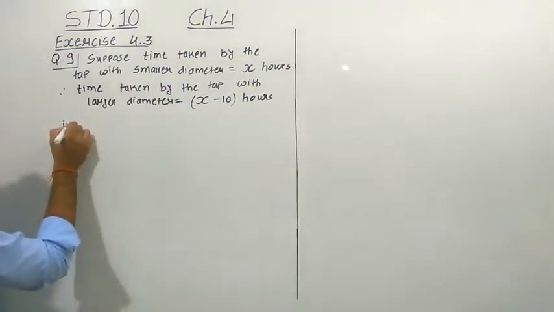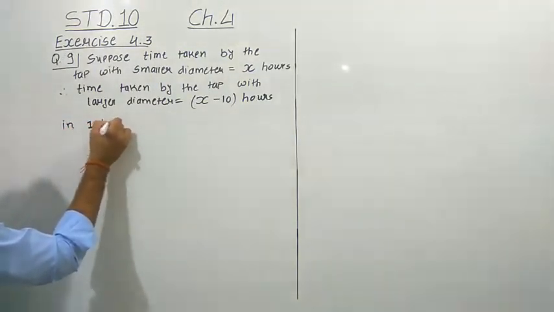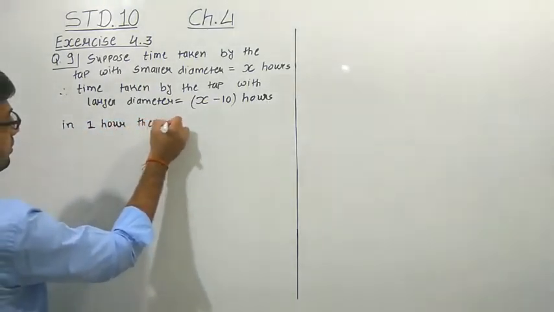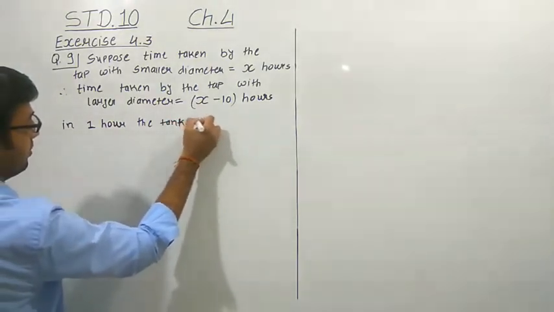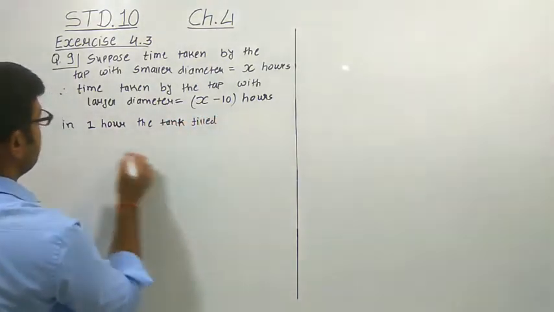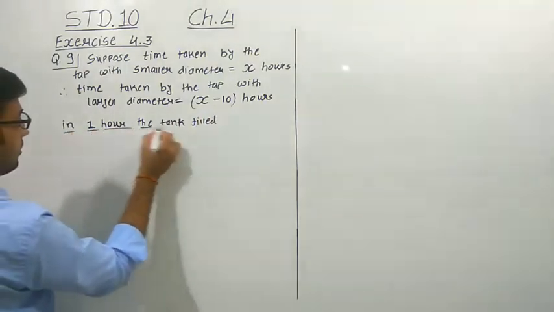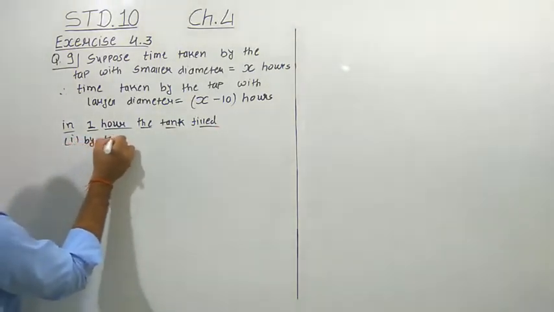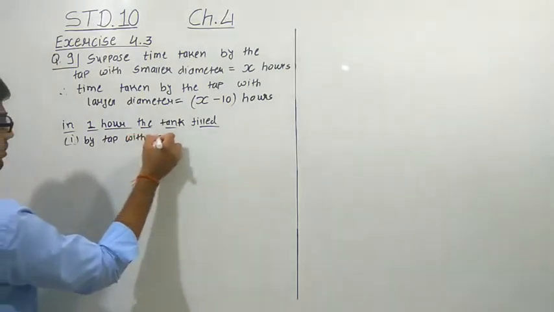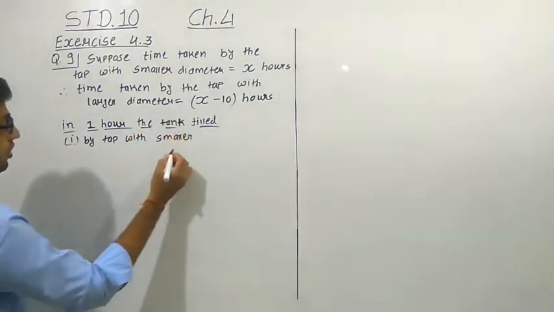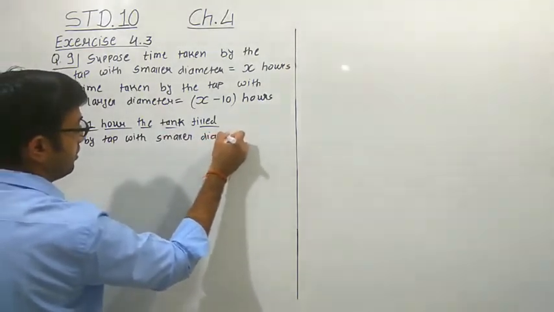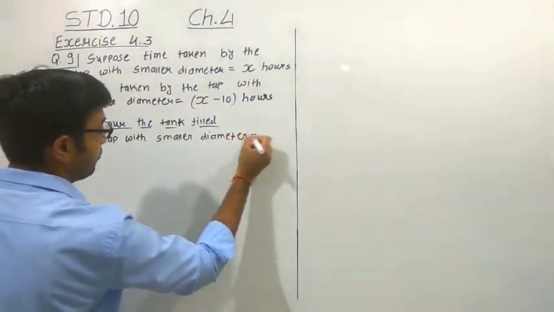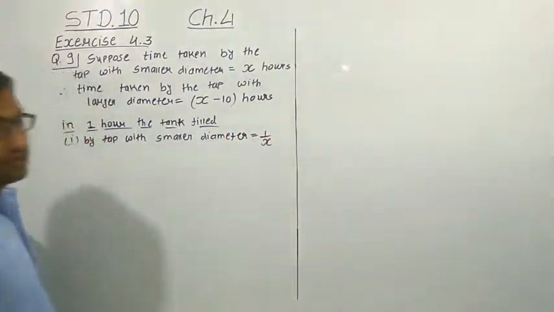So in 1 hour the tank filled, first one, by tap with smaller diameter is equals to 1 upon x, right?